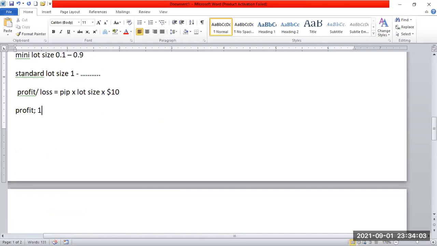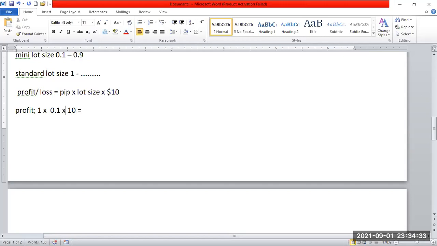One, which is my pip, multiplied by, let's say I used a mini lot size of 0.1, multiplied by 10. This will be equal to 1. So that means I made $1 from this trade.